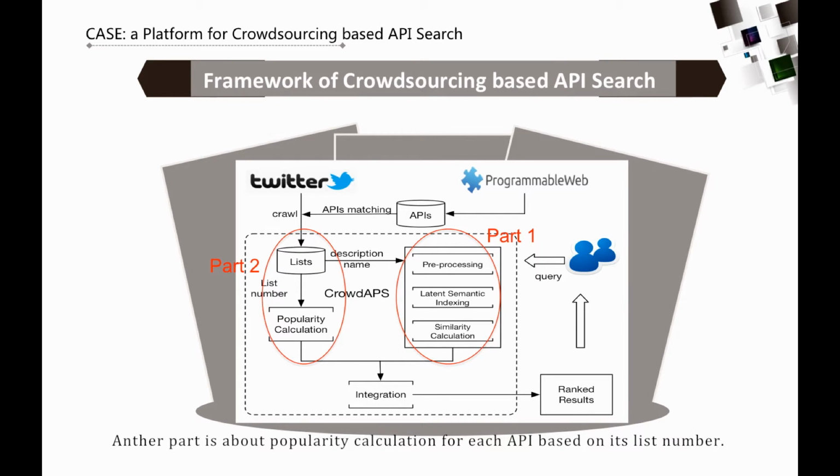Another part is about popularity calculation for each API based on its list number. Finally, the scores obtained by the 2 parts are combined with a certain weight. Then a list of ranked results will be returned to the user.